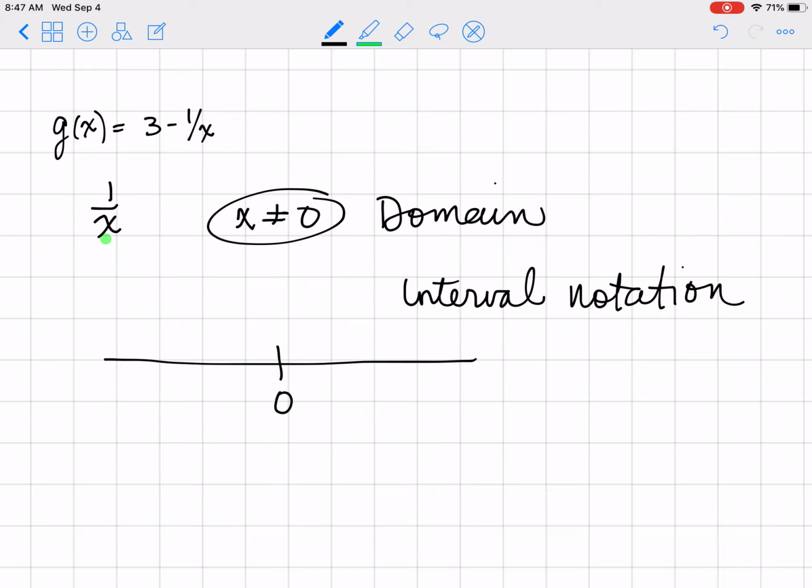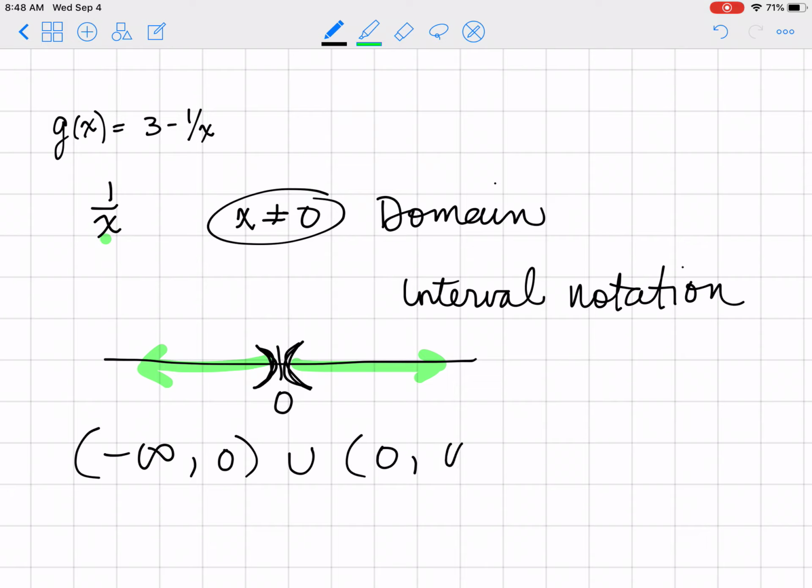So you're going to use those parentheses and exclude 0, and take everything else to the right of it and to the left of it. And so what does that mean in terms of interval notation? That's negative infinity to 0, union 0 to infinity. All right, I hope that helped.